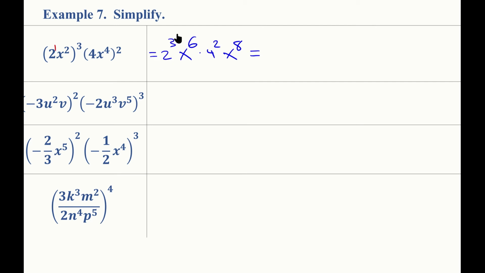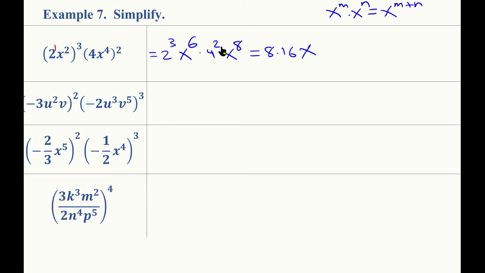We know that's 8, and we know that that is 16. So we get 8 times 16 x to the power of, now we're going to apply the product rule because we're multiplying two powers with the same base. Let's remember that x to the m times x to the n equals x to the m plus n.